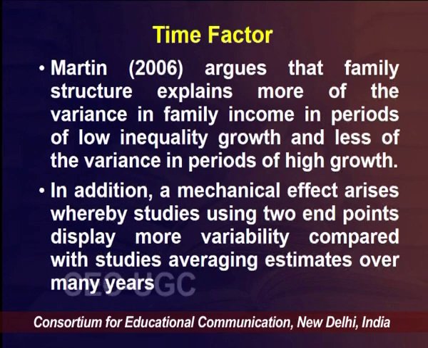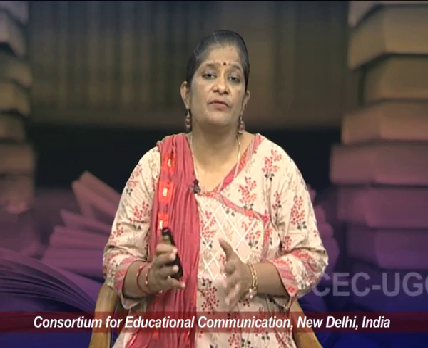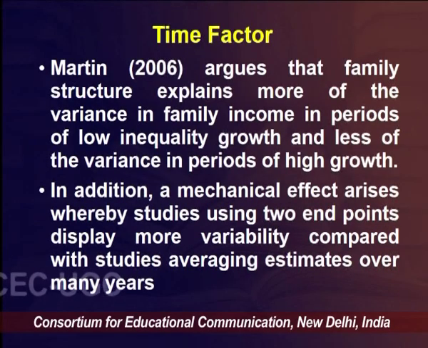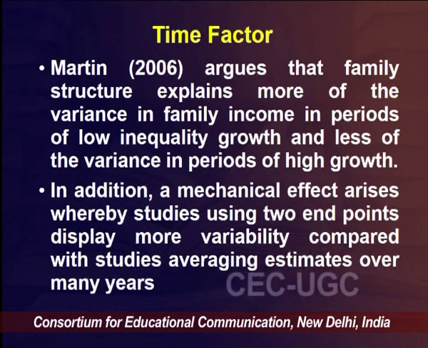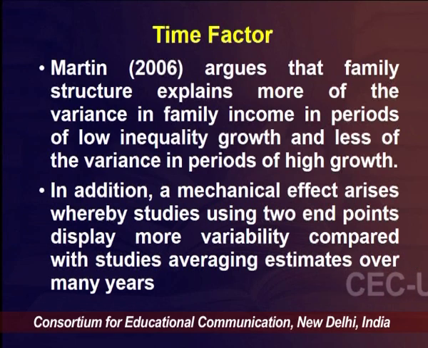So, when the market is on a better side, then the variation will be less. In addition, a mechanical effect arises whereby studies using two endpoints display more variability compared with studies averaging estimates over many years.